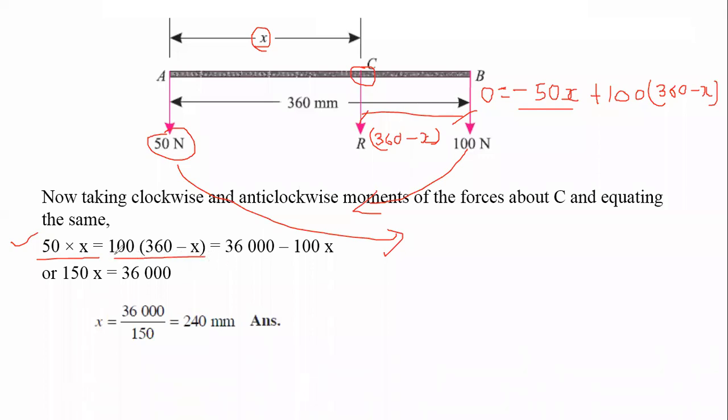Now simplify this term. Multiply this 100 to this bracket, and you'll be getting 36,000 minus 100x. Now let us get the x terms together. This minus 100x, if you take to this side, becomes plus 100x. 50x plus 100x becomes 150x is equal to 36,000.